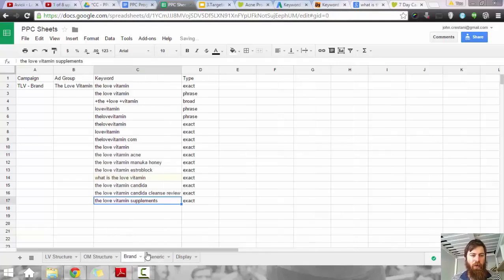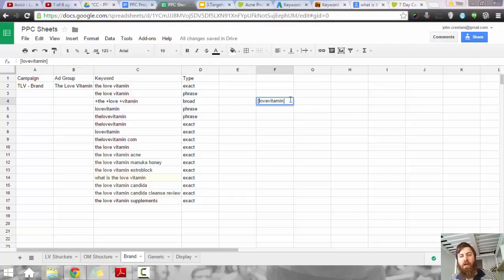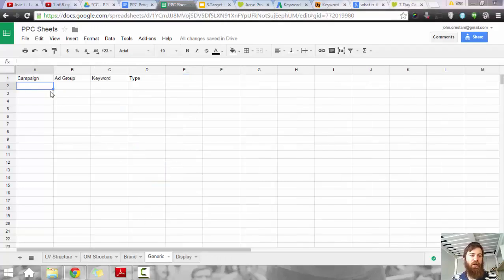Now, one thing I hope you know is that if you put this in manually into AdWords, you're going to have to type in quotes for phrase match and brackets for exact match. We'll go over that when it comes to uploading everything. But in terms of this, we could actually upload this through AdWords Editor and it would work out. Okay, let's go to generic campaigns.